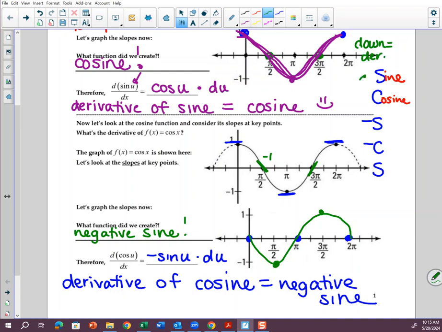So if I start at sine, one step down, derivative of sine is cosine. If I start at cosine, one step down, derivative of cosine is negative sine. And then the nice thing is, it can continue. So if you started with a negative sine, your derivative would be negative cosine. If you started with a negative cosine, your derivative would be positive sine.